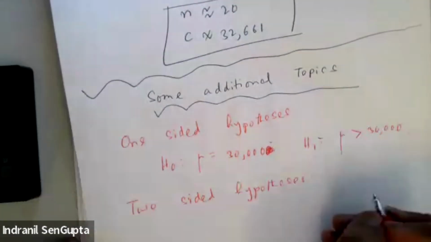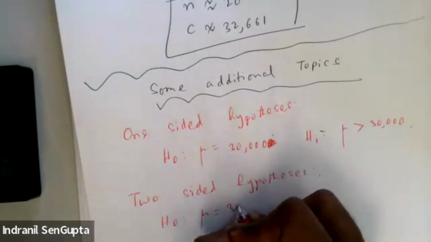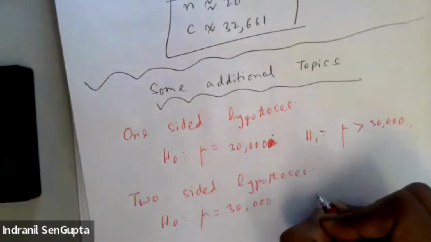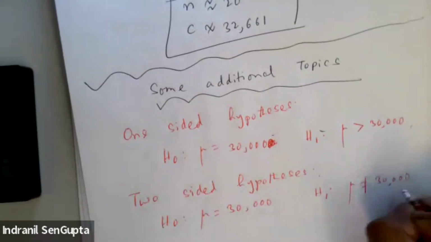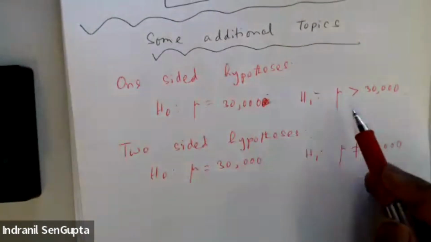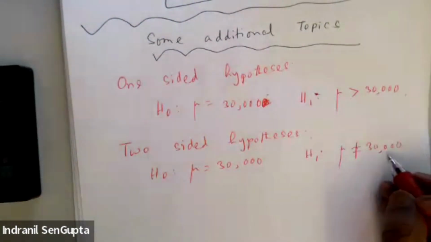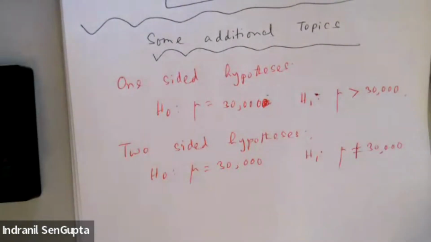It's simply H0 is 30,000 versus H1 is mu is not 30,000. That means we are not trying to conclude that it's more than 30,000. We simply say it's not 30,000, meaning that there is a possibility that it can also be less.